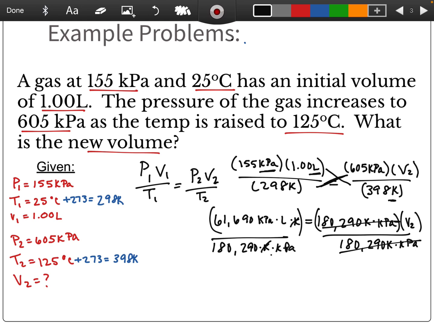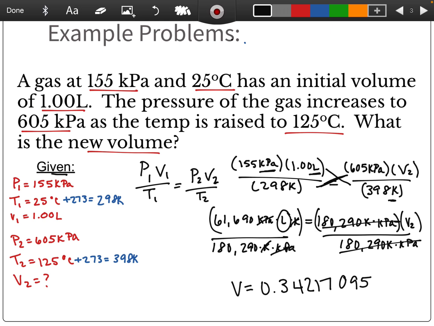So Kelvin cancels out, kPa cancels out, and we're left with liters, which is where we get our volume value. So 61,690 divided by 180,290, and we get a volume of 0.3421795. And of course, we have to round to significant figures.